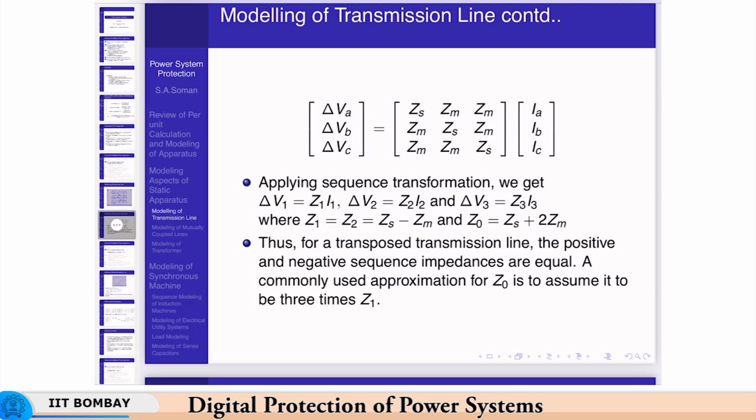Also, the thing to note is that for transmission lines, also for transformers, as we will see later, the zero sequence impedance is not equal to either Z1 or Z2. This is because the return path for the zero sequence currents is through the ground. For positive and negative sequence, IA plus IB plus IC is equal to 0.